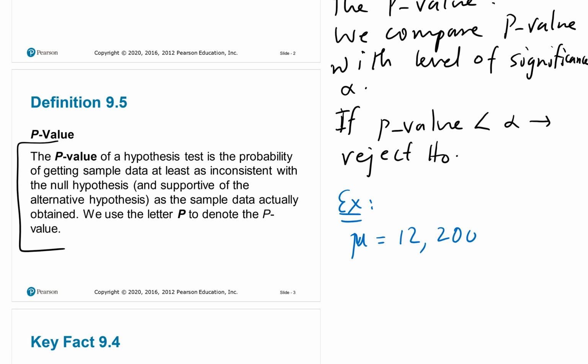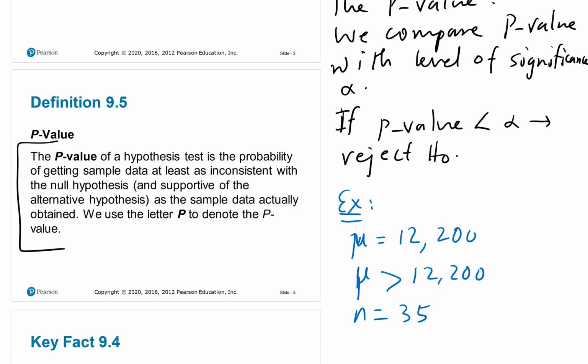That's for the entire population. Patricia believes that the residents of the state of Montana drive more than that. So her belief is that the mean is more than 12,200. That tells us it's a right tail test. She obtains a simple random sample of 35 drivers. So 35 is the n size.